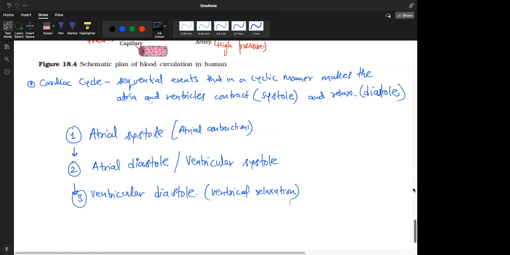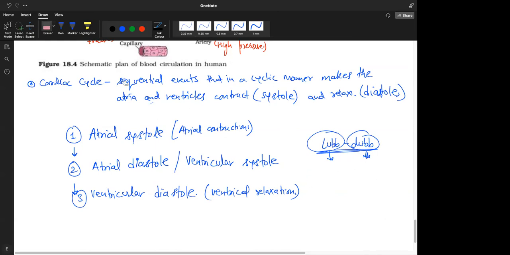So that lub dub is the sound which we hear through stethoscopes. So where is this lub sound coming from? There are two sounds, but there are 4 events happening. So any idea what's happening here? The first heart sound, which is lub, is coming from the closure of the tricuspid and bicuspid valves.